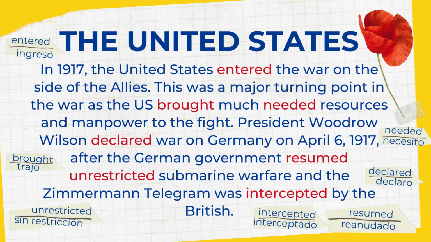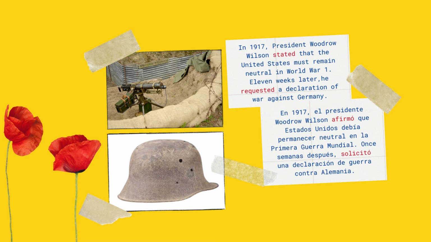President Woodrow Wilson declared war on Germany on April 6, 1917, after the German government resumed unrestricted submarine warfare, and the Zimmermann telegram was intercepted by the British. So when we talk about resumed, we're saying restarted, began again.